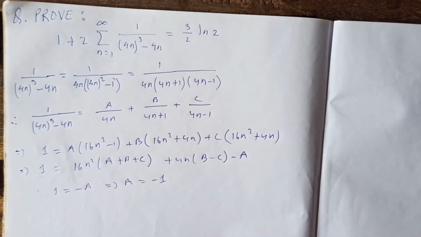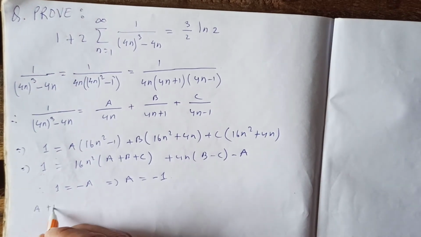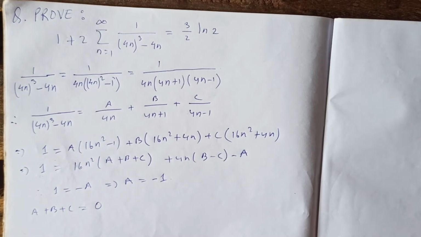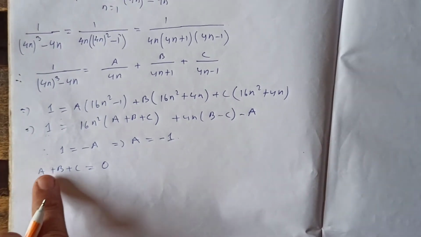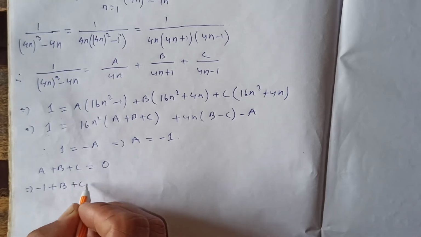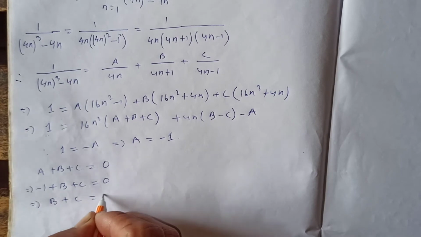Now a plus b plus c equals 0, since n squared is not there on the left. We know a is negative 1, so minus 1 plus b plus c equals 0, meaning b plus c must be 1.